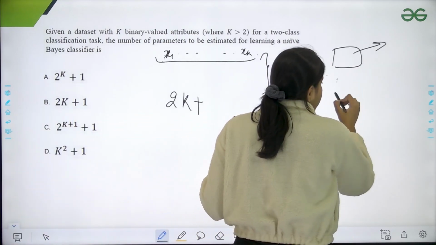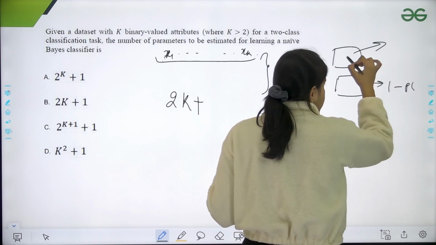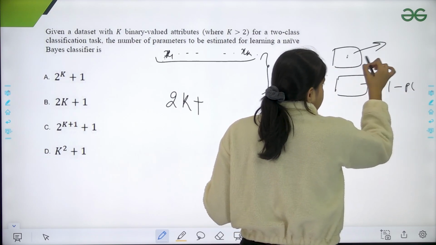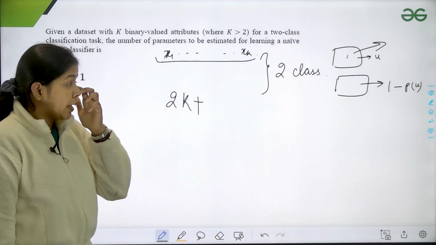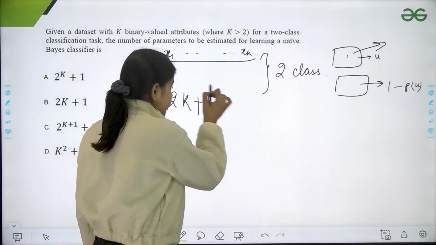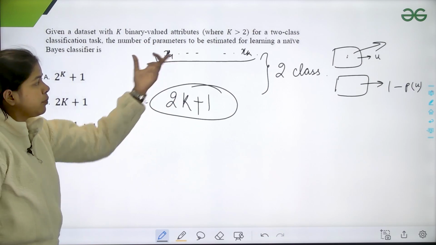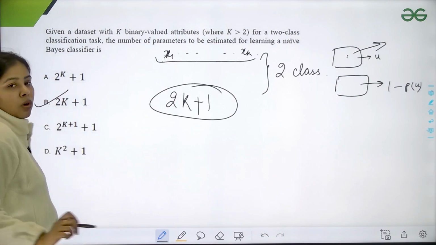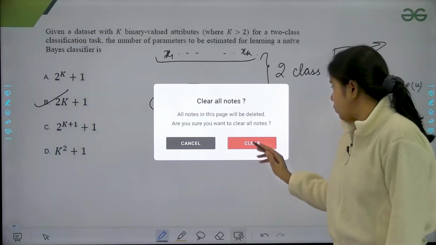If I find one probability myself, the other probability would become 1 minus that probability, which I can find directly, right? So we have only one value which we have to find using the naive Bayes classifier. So 2k plus 1 parameters are to be estimated. So option B is true.